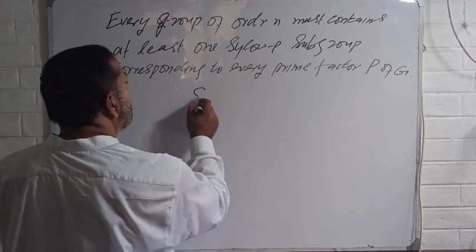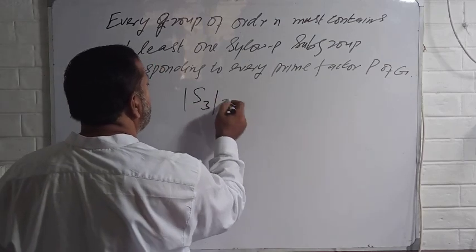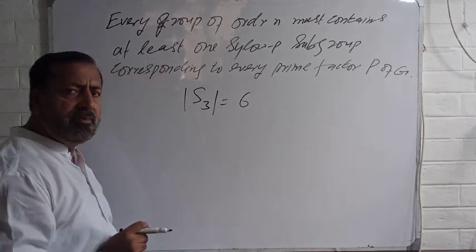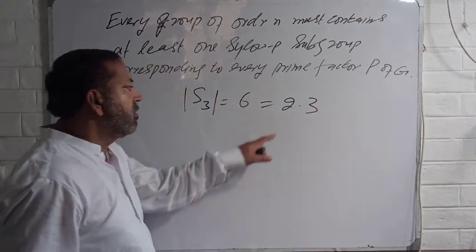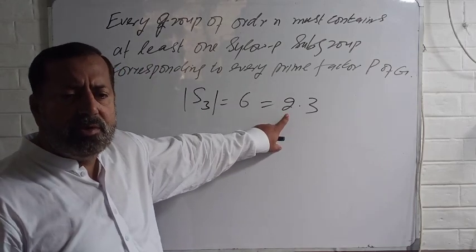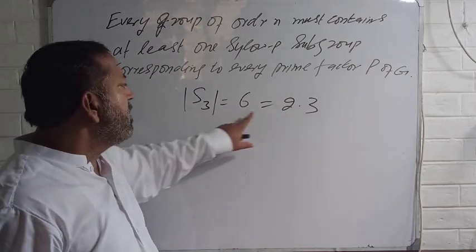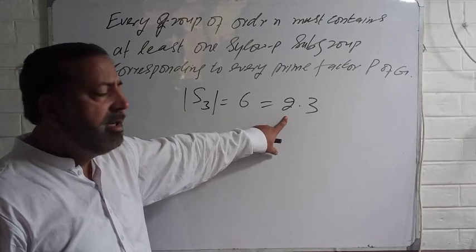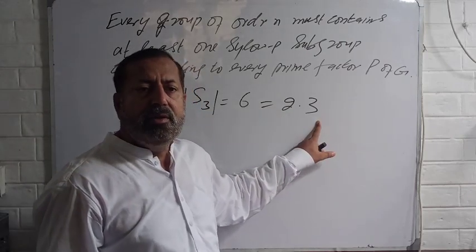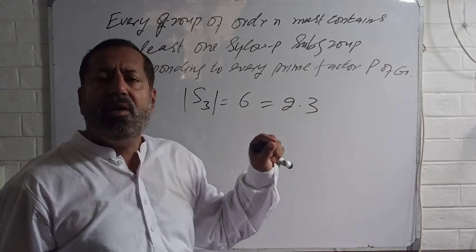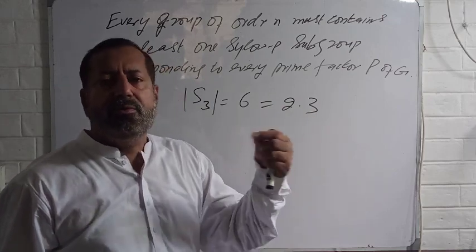Like S3, the order of S3 is equal to 6, which is 2 into 3. So look at what this theorem says. This theorem says that S3 must contain a Sylow-2 subgroup and similarly a Sylow-3 subgroup, right? So in S3 you have a Sylow-2 subgroup and a Sylow-3 subgroup.